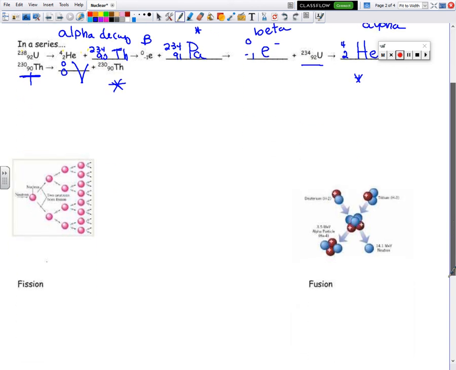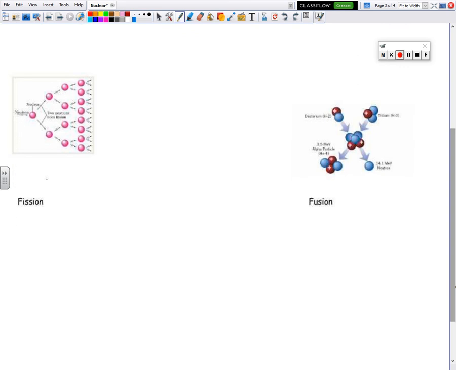Okay, the two types of nuclear transmutation, which are just the types of nuclear reactions, are fission and fusion. You can see the diagrams here. Fission is the splitting of a usually very large nucleus.